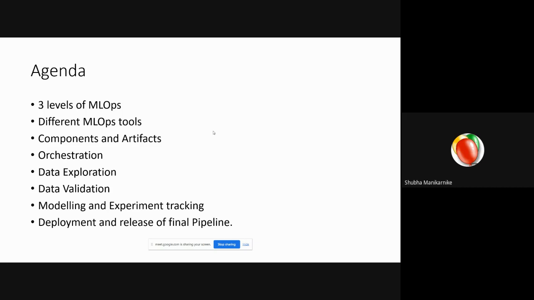We will do orchestration using MLflow, and our regular ML workflow that we generally have: we first start with data exploration, you validate your data, then you build your model, and finally you deploy your model. This is the general pipeline that we have seen. We will learn how to do each of these things using one of the tools.